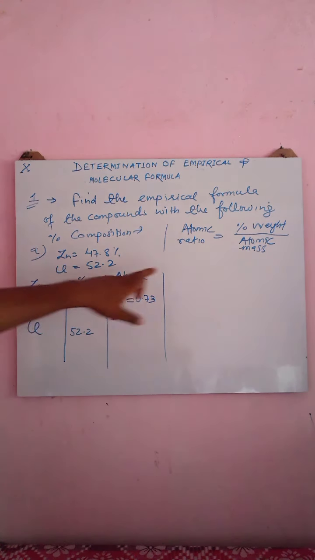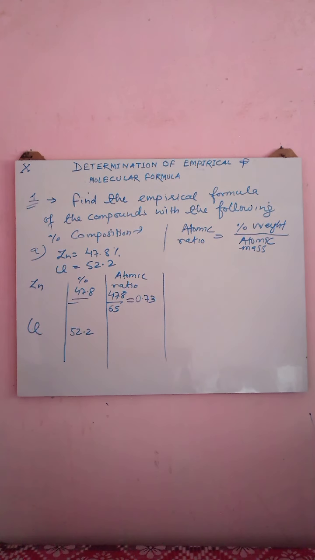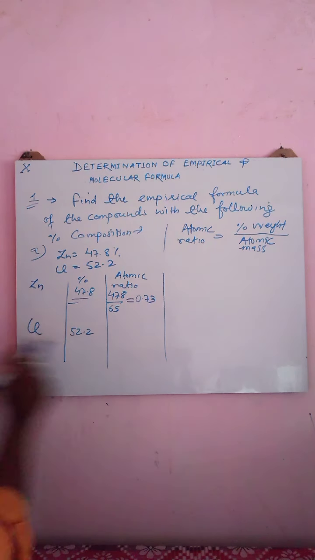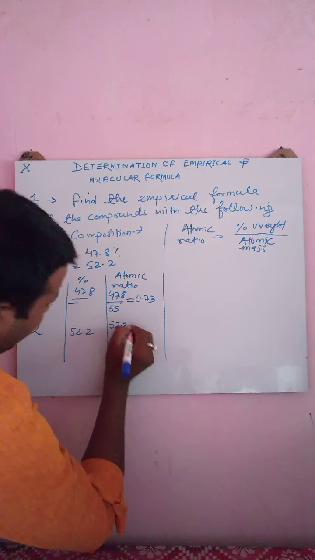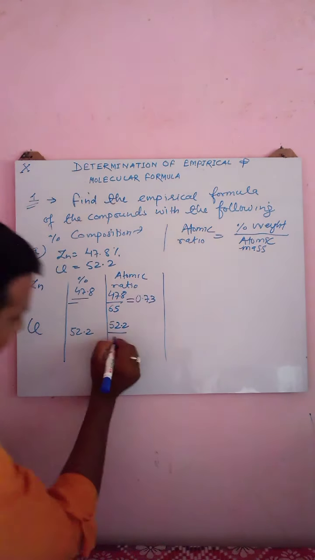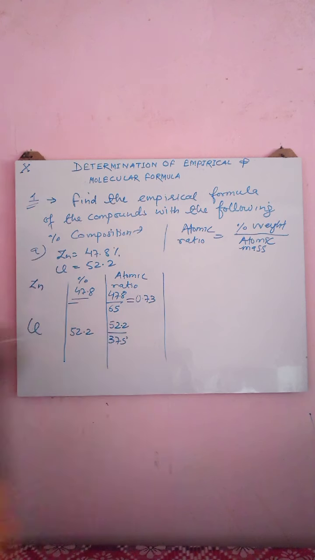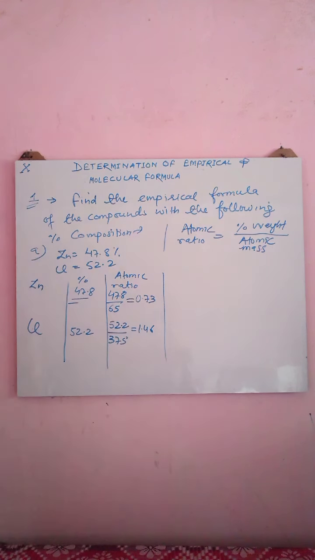So the atomic ratio of zinc is 0.73. Now come to chlorine. The percentage composition is 52.2 divided by the mass of chlorine, 37.5. After division, you will get 1.46 as the atomic ratio of chlorine.